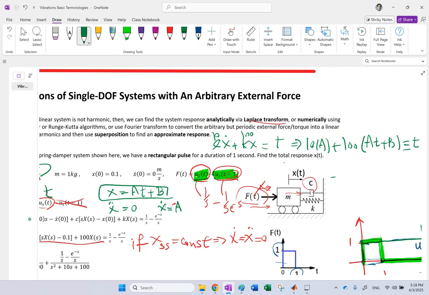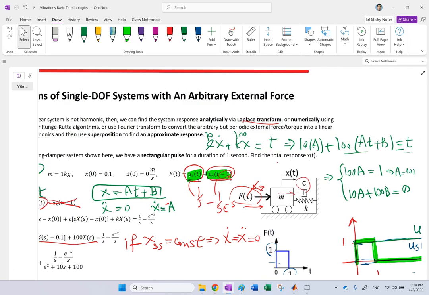And I assume from here you can find a solution, because if you set the t terms equal, you see that 100A should be equal to 1, and then 10A plus 100B should be 0. So you see that your slope A is what? 1 over 100.